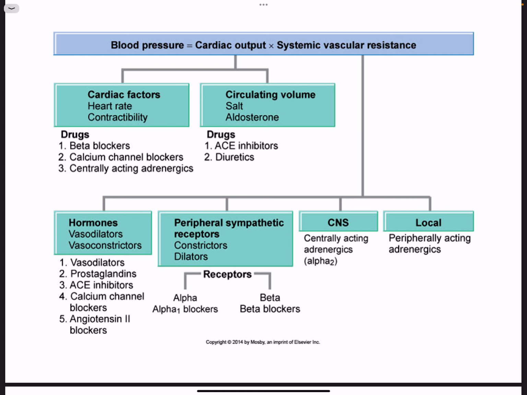In circulating volume, we have 2 things. One is salt, and the other one is aldosterone. Salt. Which salt? As we discussed in the beginning, sodium chloride, table salt.